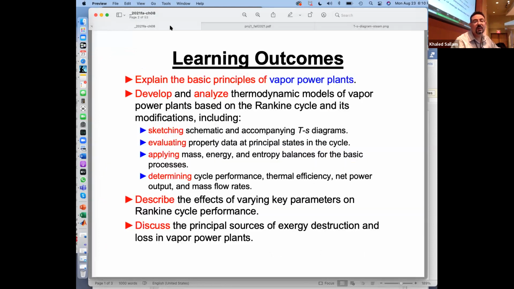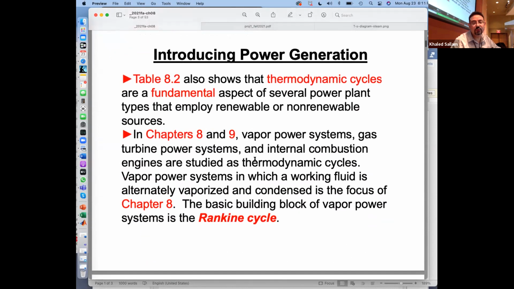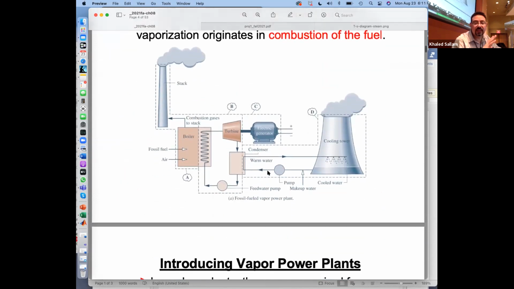Okay, so we need to be able to plot it on the TS diagram, and you need to be able to calculate the efficiency for sure. All right, so the simplest Rankine cycle is this: turbine, condenser, pump, boiler. Turbine, condenser, pump, boiler. That's the simplest cartoon. And this is the sketch that I want you to plot too.